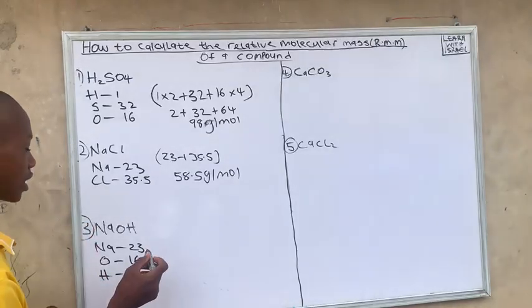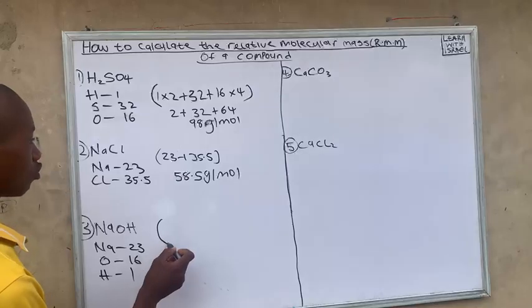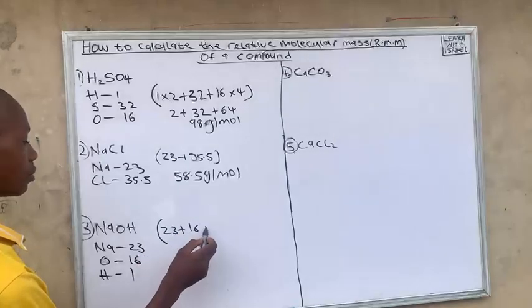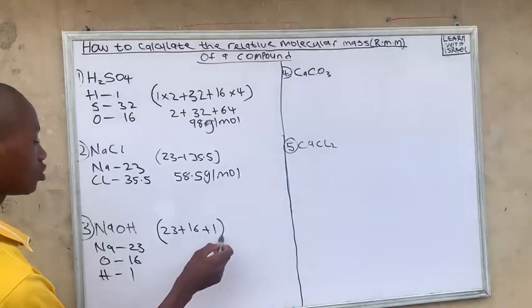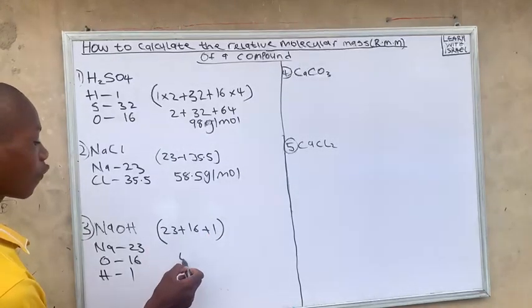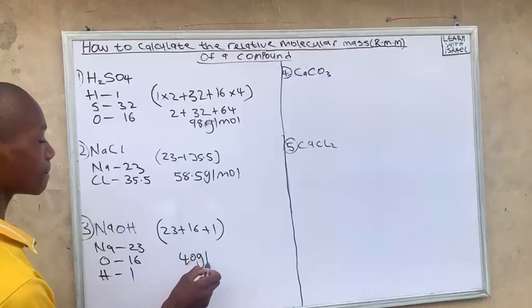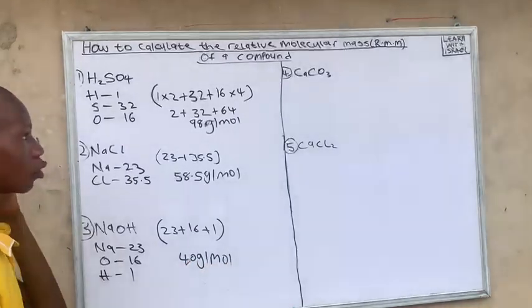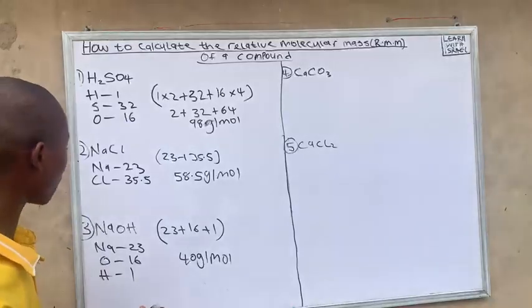So let's add this up. Open a big bracket. We have 23 plus 16 plus 1 to give us 40 gram per mole.